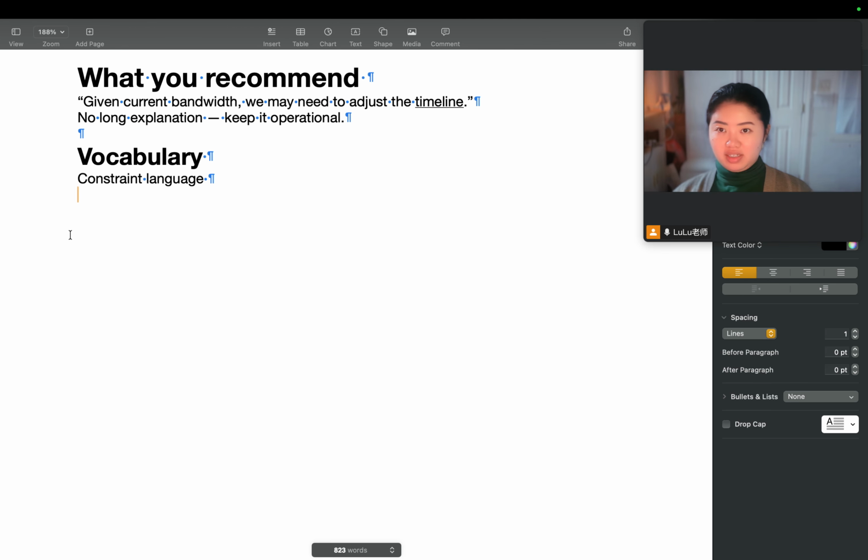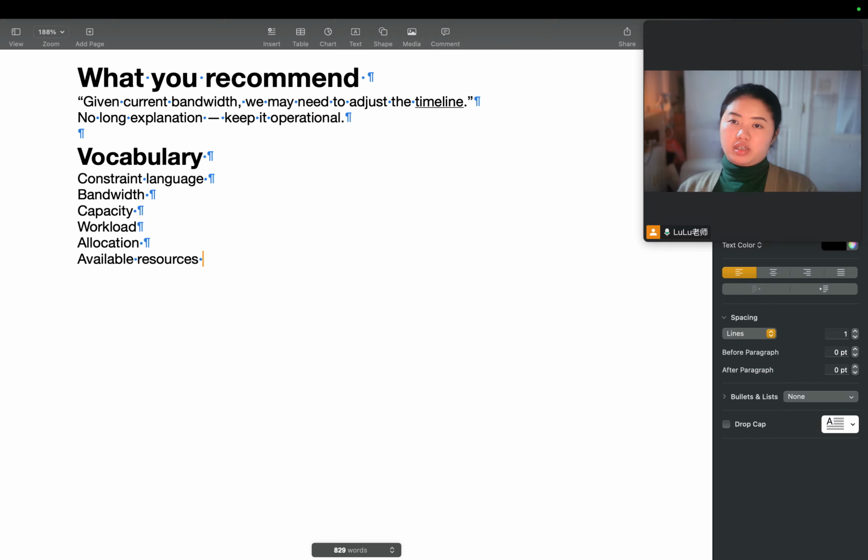Good. We have bandwidth. Yes. We have capacity. Excellent. Workload. Yes. Allocation. Available resources. Excellent. These are some of the constraint language. Now let's do some other languages like adjustment language.